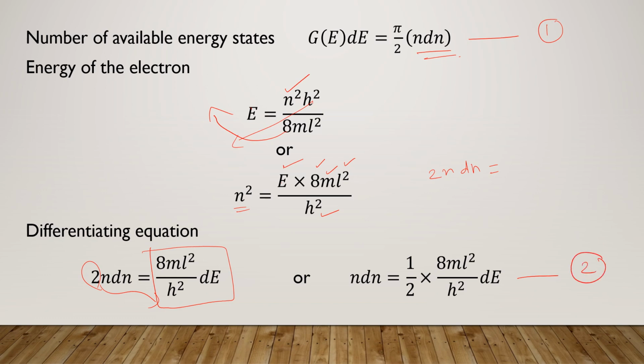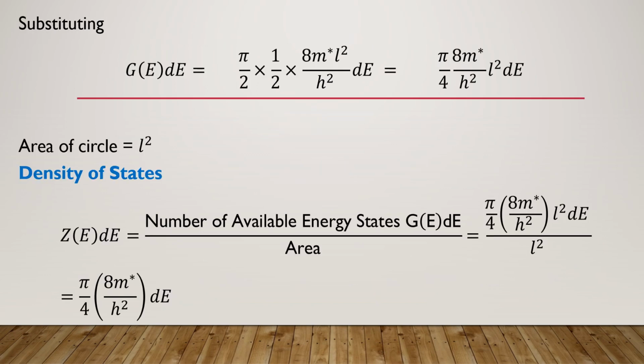So equation 2 is substituted in equation 1, in pi by 2 n dn. So we get pi by 2 for n dn, which gives pi by 4 into 8m by h square L square into dE. The density of energy states is defined as the number of available energy states per unit area.